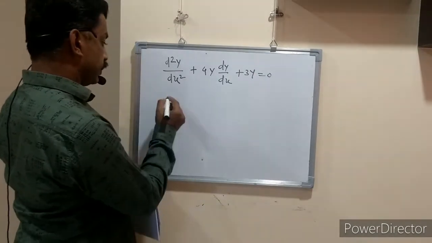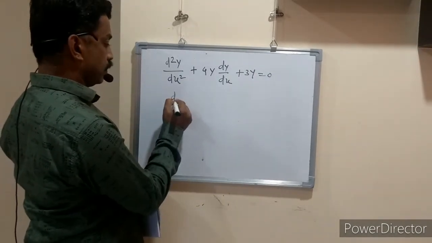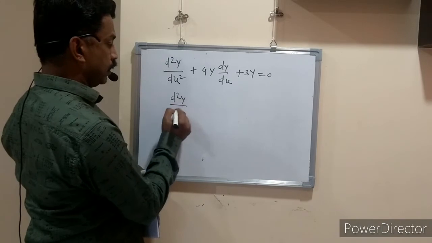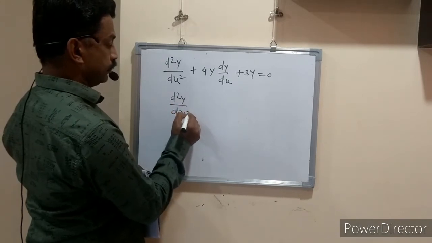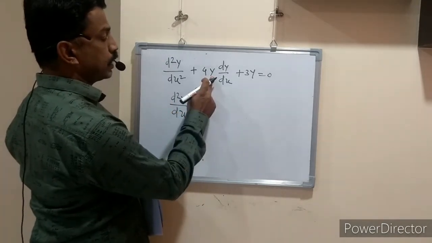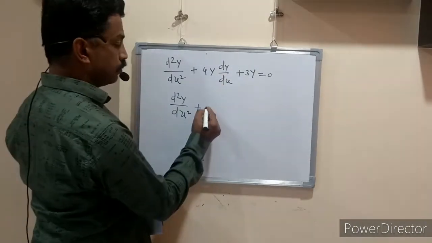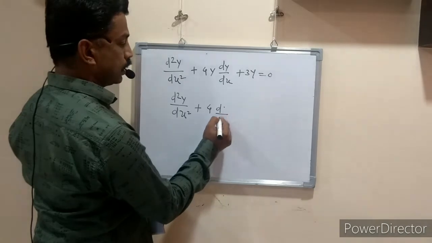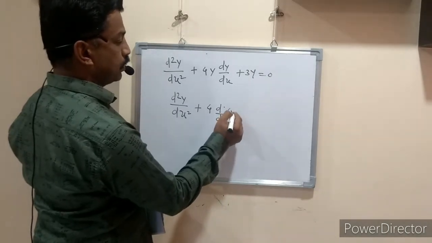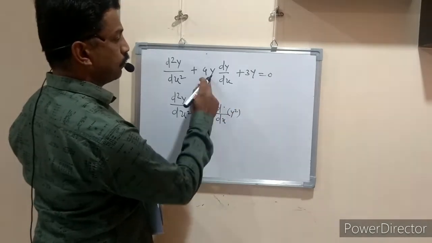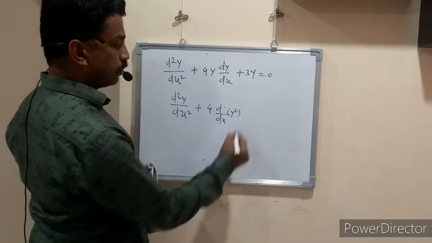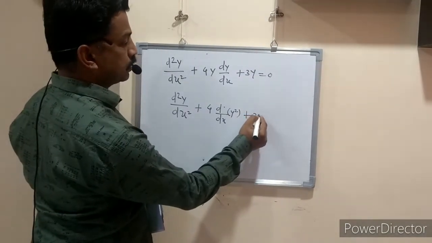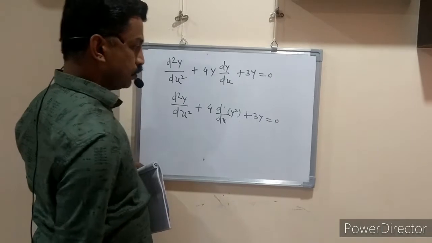So first we can simplify this equation: d2y by dx square plus, here the y term is there, we can take y in bracket also, y into d by dx of y square, plus 3y equal to 0.